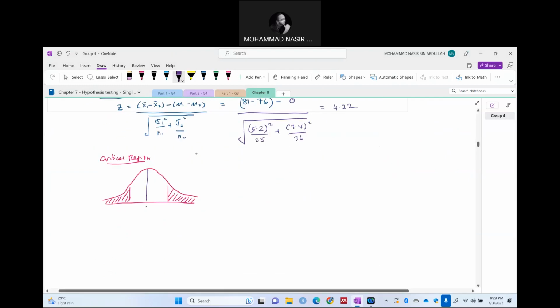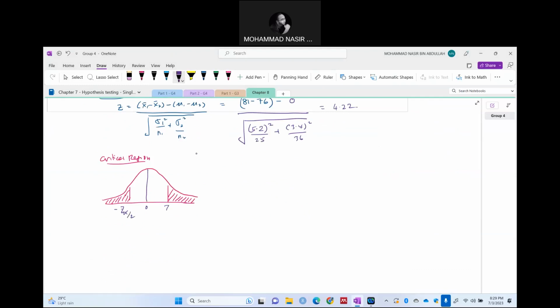So this one should be 0. This is negative Z alpha divided by 2. This is Z alpha divided by 2. This is rejection region. This is also rejection region. And the area in the middle will be acceptance region. Okay.